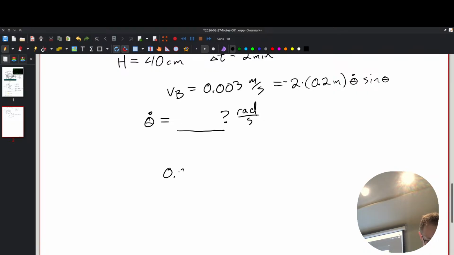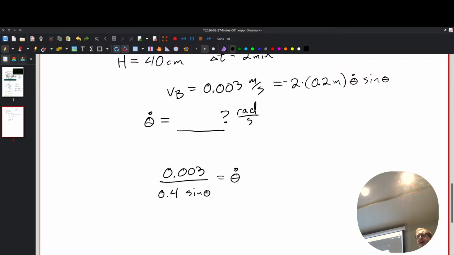So we have 0.003 equals 0.4 times sine theta times theta dot. So I'll take all this, and that sine theta didn't go away.